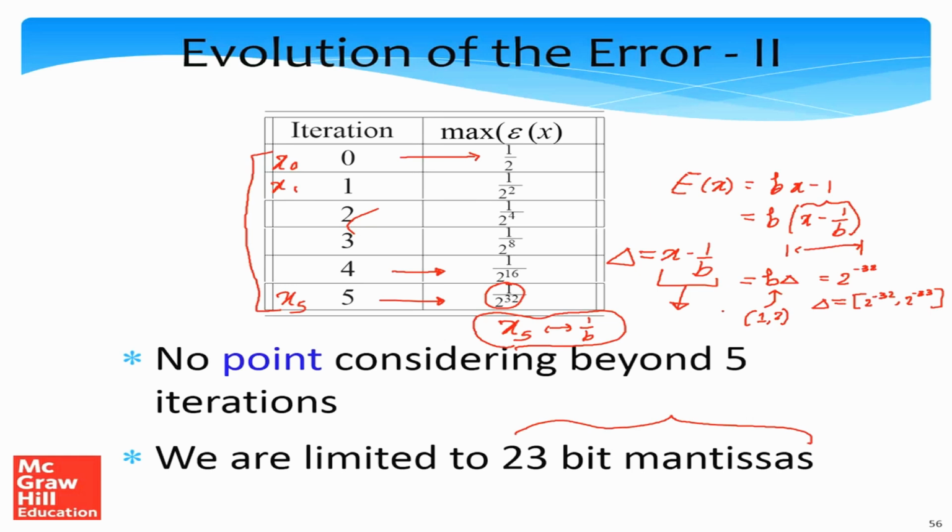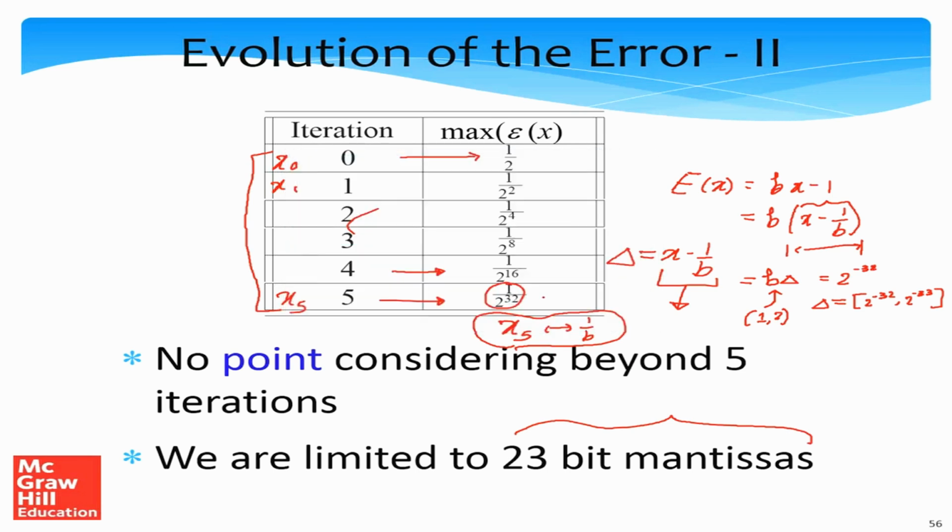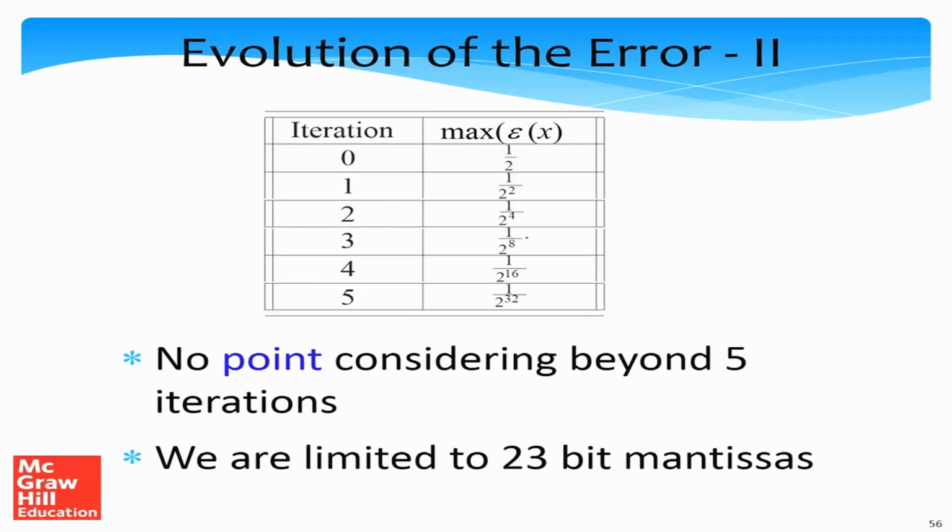And why are we ignoring? Because our mantissa has a fixed size, which is 23 bits, right? So that's the reason, there is no choice. All right. Now, given that we have put bounds on the error, what we see from this slide is that 5 iterations will suffice.